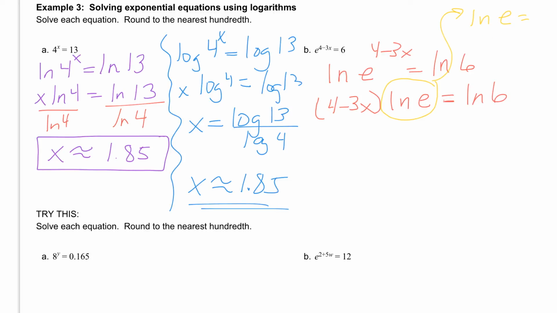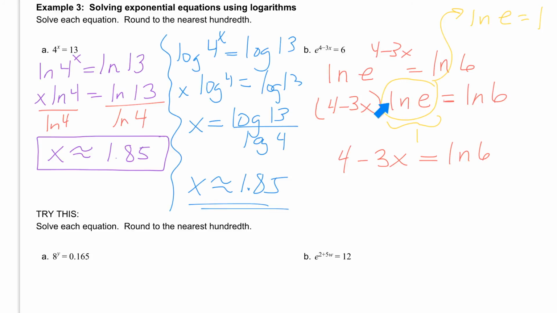And that's 1. So I know that the natural log of e is just 1. So since this is just 1, 1 times 4 minus 3x will leave me with just 4 minus 3x on that left-hand side, equal to the natural log of 6. So it saves me a step of dividing by this on both sides.